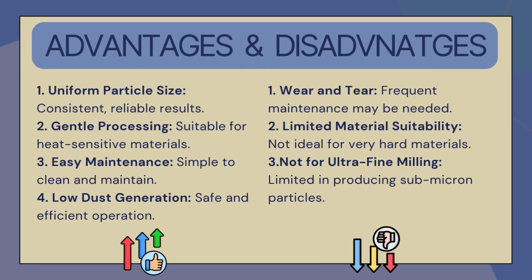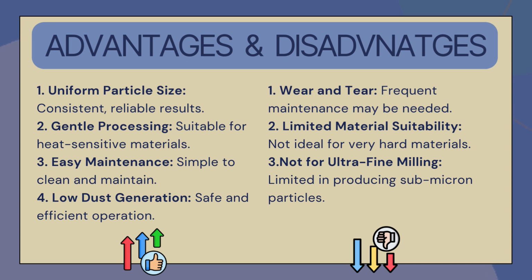So let's now look at some of the advantages of cone mill. One of its main benefits is the ability to produce uniform particle sizes, which is crucial for ensuring product consistency. Then the second advantage is gentle processing. It's a gentle milling process, which makes it ideal for heat sensitive or fragile material that could degrade under more aggressive milling conditions.